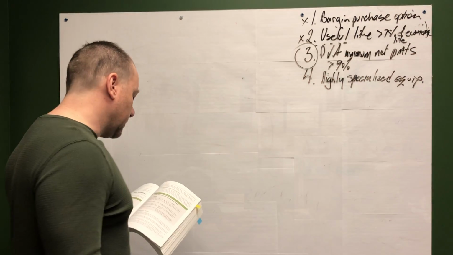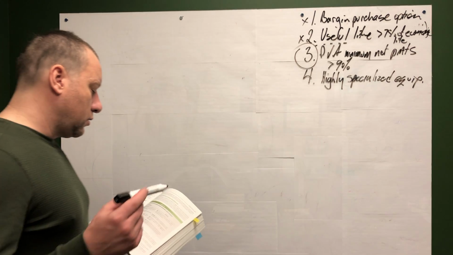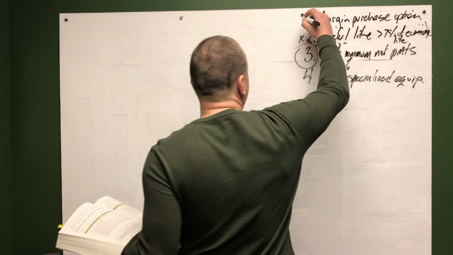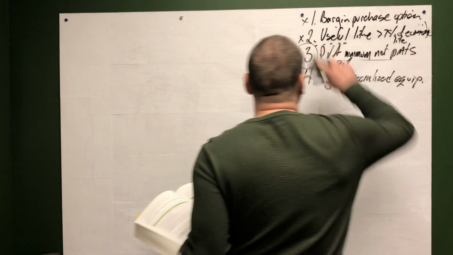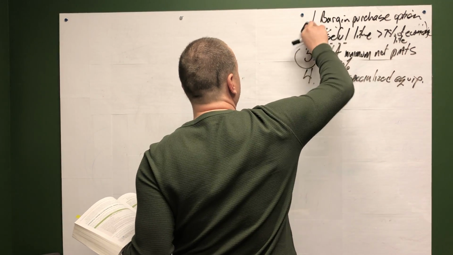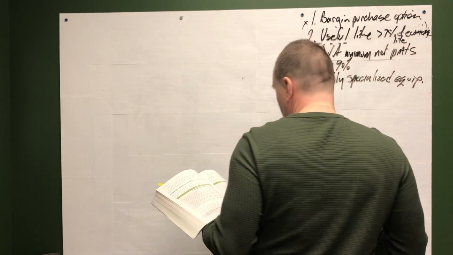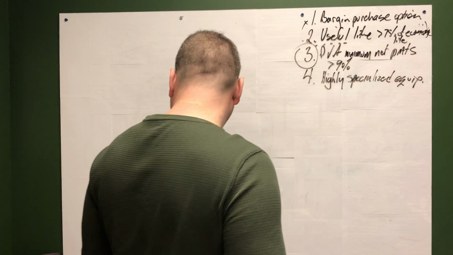Bargain purchase option. There is no bargain purchase option in this lease, so this is a big X again. So we have to go down to criteria number 2. What's the useful life?